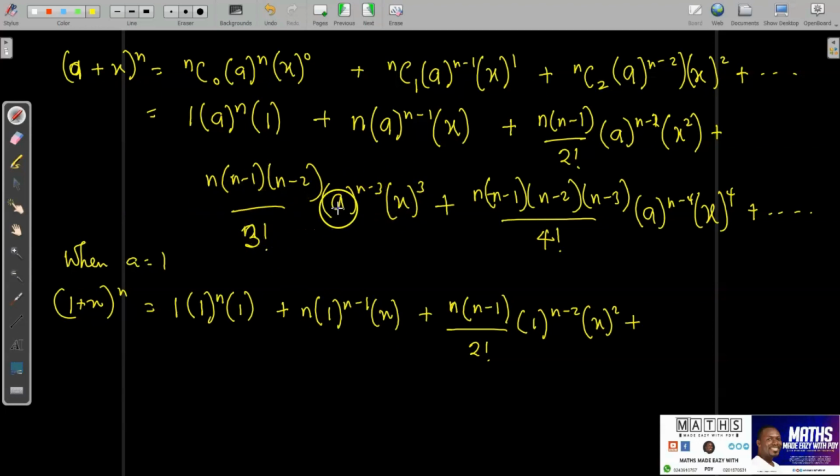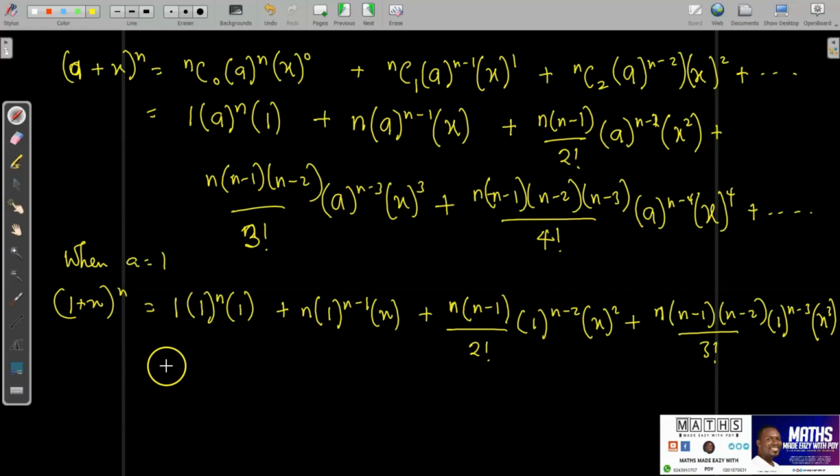This is the fourth term. So I'm substituting 1 in place of a. So we are going to have n multiplying n minus 1 multiplying n minus 2 all divided by 3 factorial. The a value is 1, so we have 1 to the power n minus 3, then times the x value cubed.